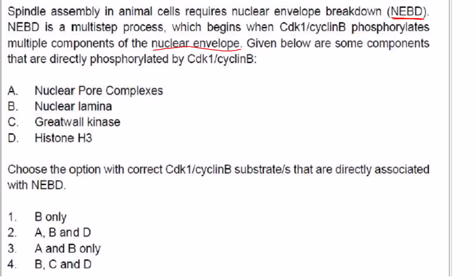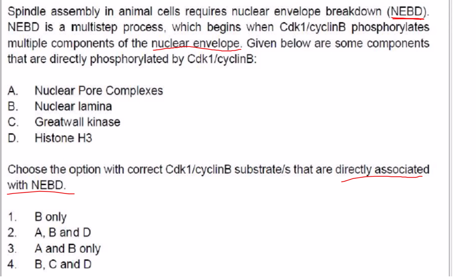Given below are some components that are directly phosphorylated by CDK1 cyclin B. You have to choose the correct CDK1 cyclin B substrates that are directly associated with NEBD. NEBD is nuclear envelope breakdown.